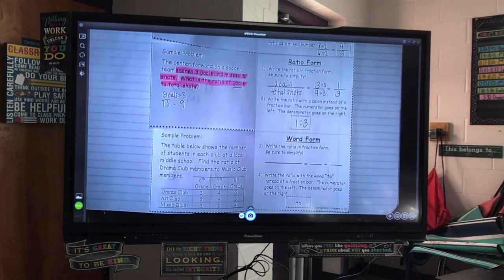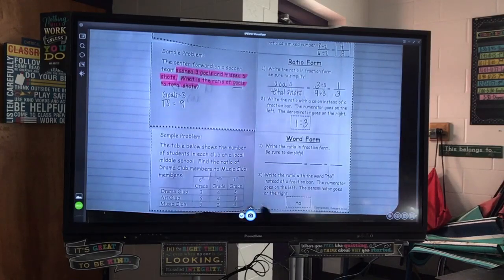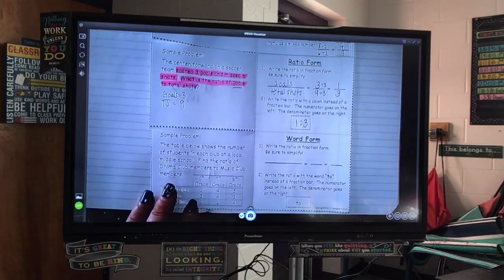Alright, so again, the way you use the word form is to write your ratio in fraction form. Be sure to simplify. And then write the ratio with the word "to" instead of the fraction bar. The numerator goes on the left, denominator goes on the right. So let's look at our sample problem.